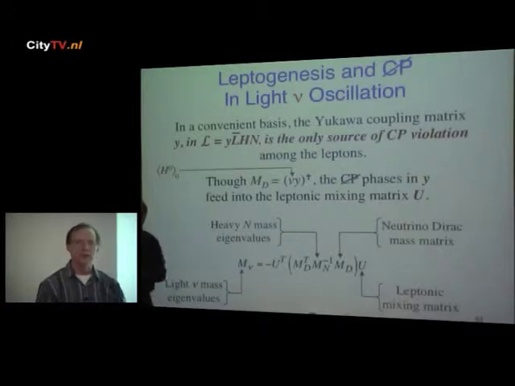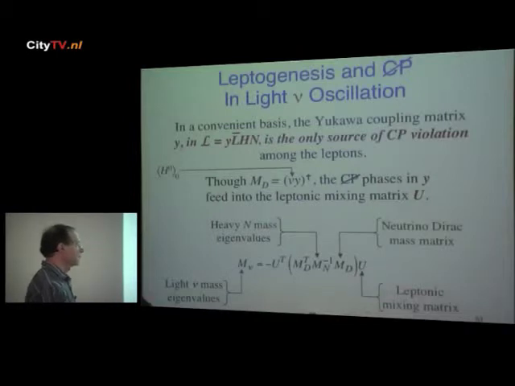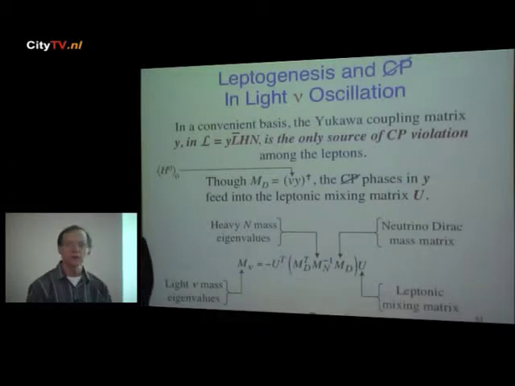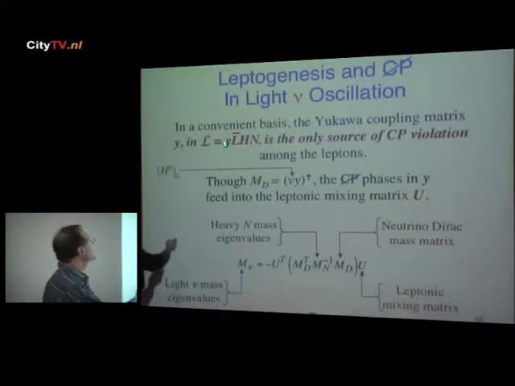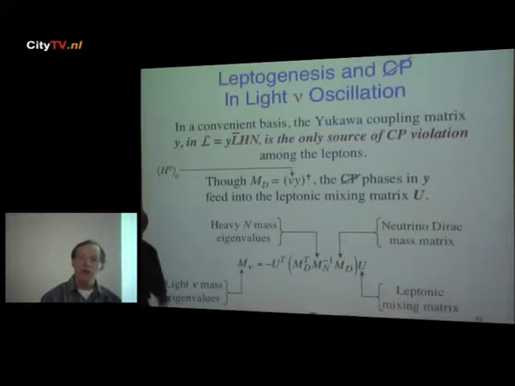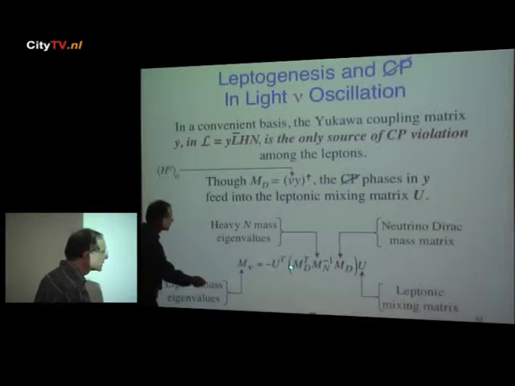But now let's look at the phases. This is a matrix of masses. It's a real matrix. If leptogenesis took place, it came from phases in Y. Hence, Y must be complex. And hence, M_D, which is just Y times a number, must also be complex. But M_N is real. If M_D is complex, then unless something really unexpected happens, what's in this parenthesis has to be complex.